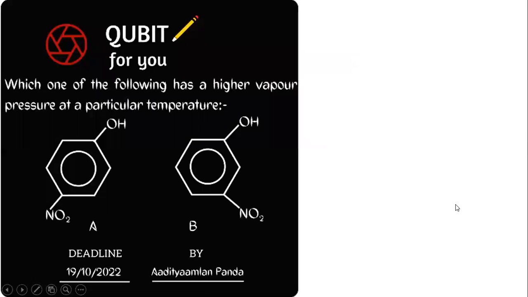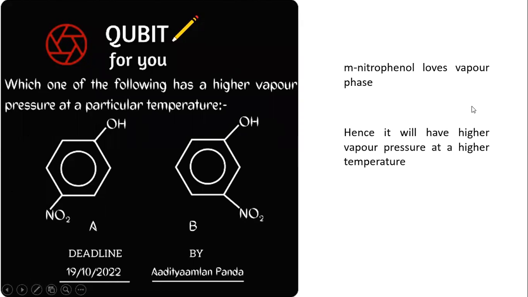Now, what our question asked was which of these two will have a higher vapor pressure at a particular temperature. Since m-nitrophenol loves the vapor phase due to intramolecular hydrogen bonding, compared to p-nitrophenol, which undergoes intermolecular hydrogen bonding, m-nitrophenol will have a higher vapor pressure at a particular temperature.